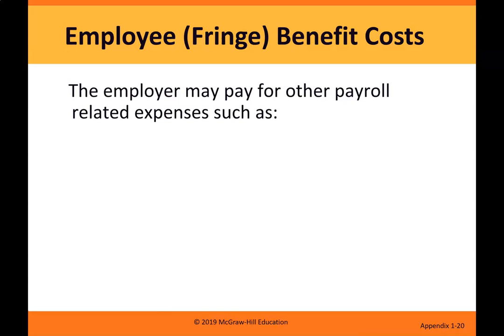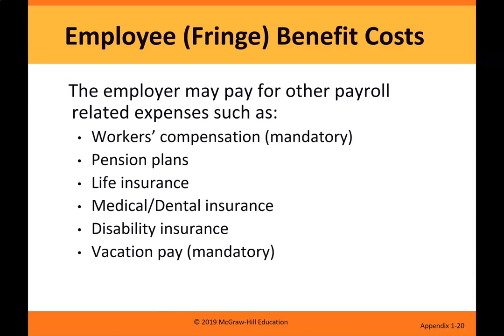Employee fringe benefit costs. The employer may pay for other payroll related expenses such as workers' compensation (mandatory), pension plans, life insurance, medical and dental insurance, disability insurance, and vacation pay (mandatory).